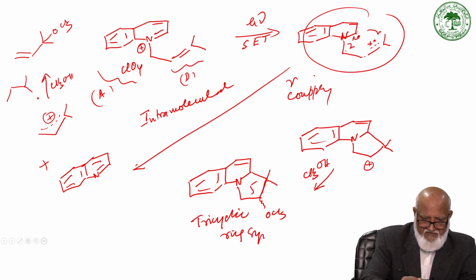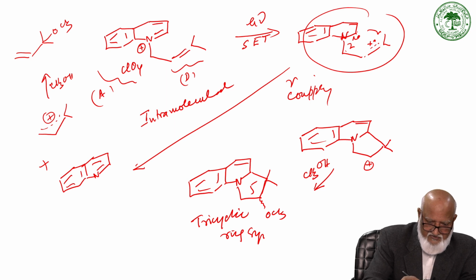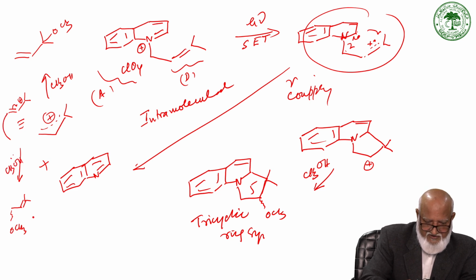So let's write in a better way. For example, you have a double bond, positive charge, you get this. If methanol is adding to this, there is a possibility to this double bond here. So you have the methanol OCH3 as methanol can add to this product.